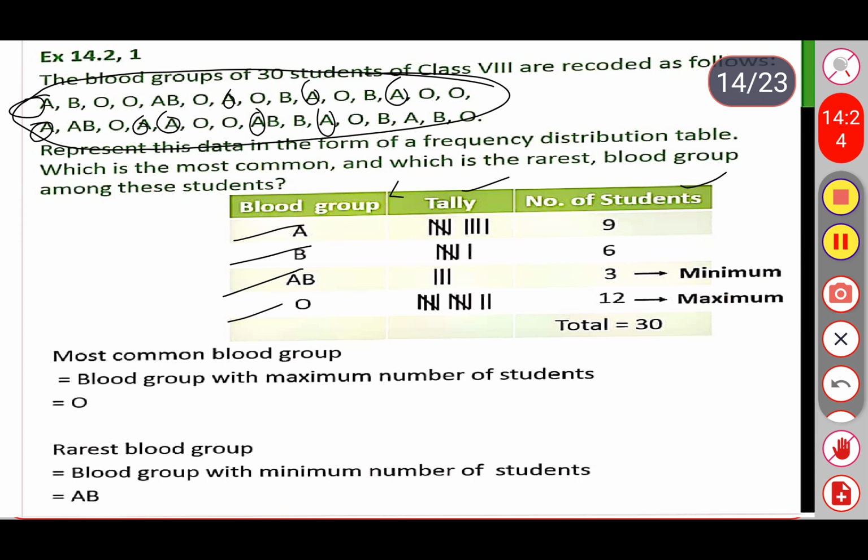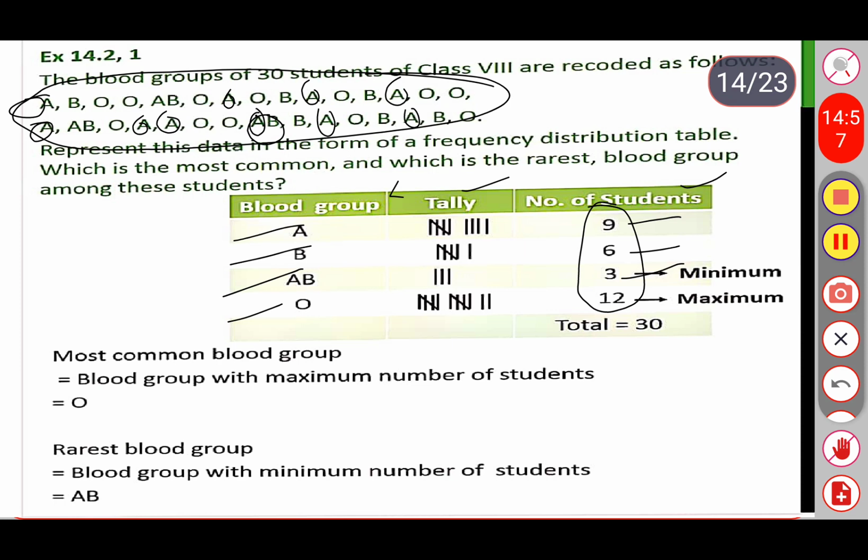So totally 9 students are having blood group A. 6 students are having blood group B, and 3 students are having blood group AB, and 12 students are having blood group O. Here these numbers we call the frequencies.